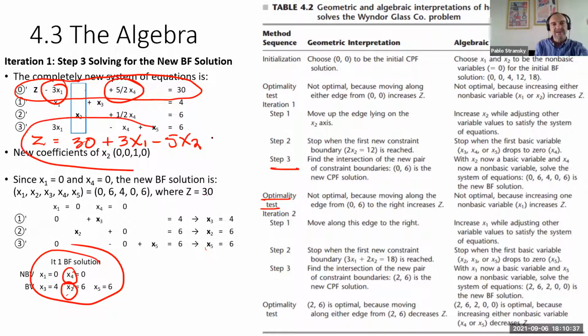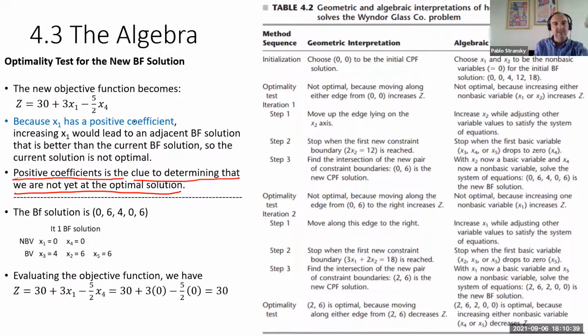And this formula is exactly the one I got here: 30 plus 3x1 minus 5x2. We still have one positive coefficient, okay? So it's not yet the optimal solution. We need all coefficients of the variables that are in the formula to be negative.